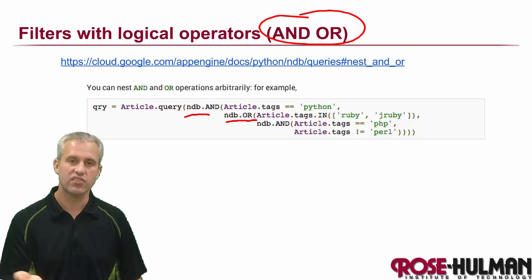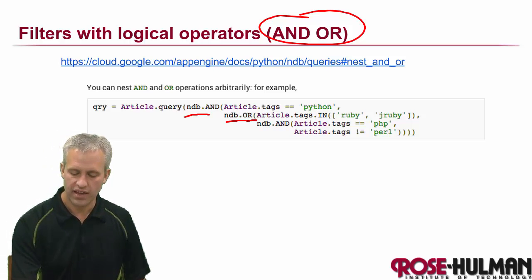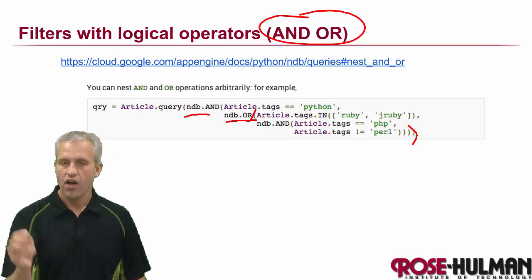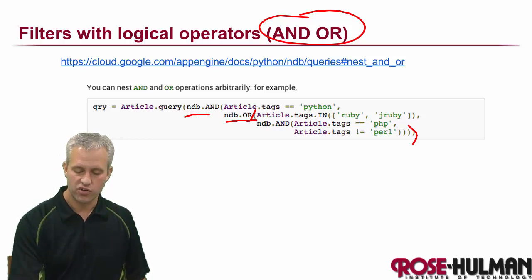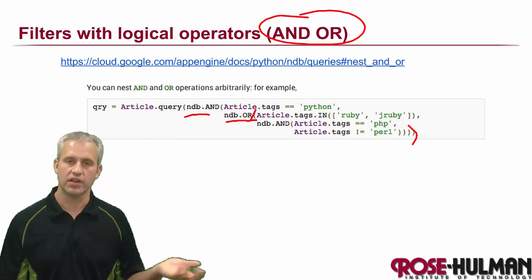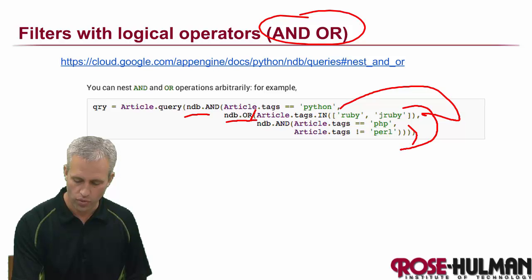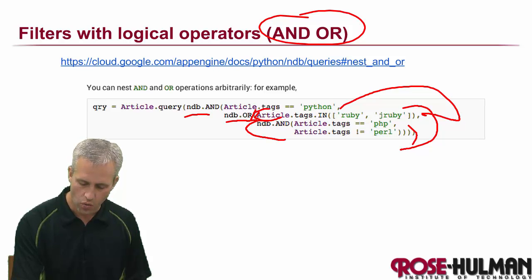The syntax for it is a little odd. You say ndb.or, and then you put in brackets whatever you want to or. Of course, Google's example is the most complex example I've ever seen. It's an and of two things: an and of this and this whole thing, and this whole thing consists of an or of this top thing or this giant bottom thing, and then there's an and in the bottom there.